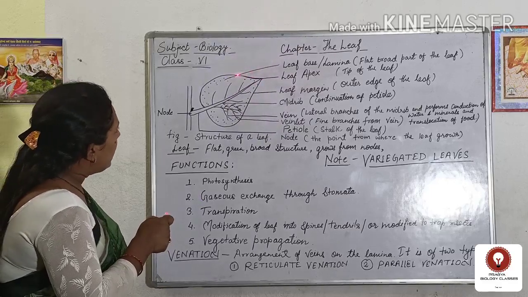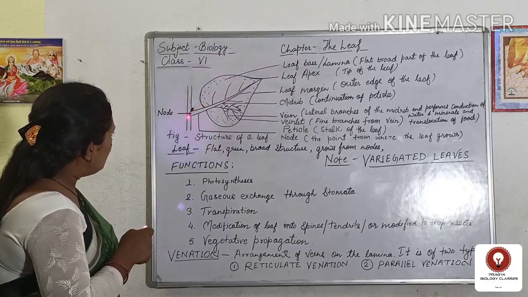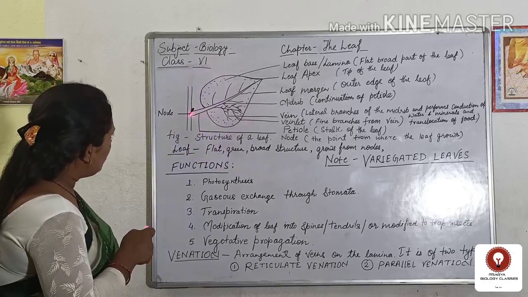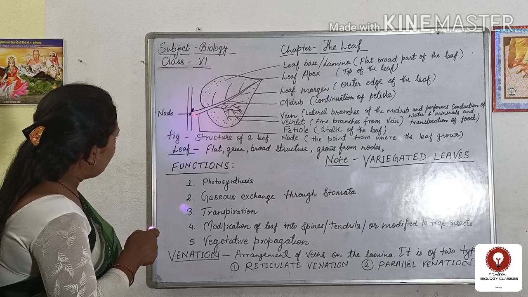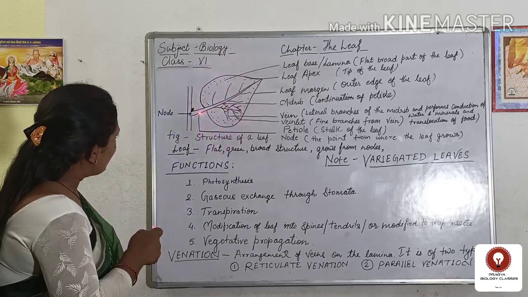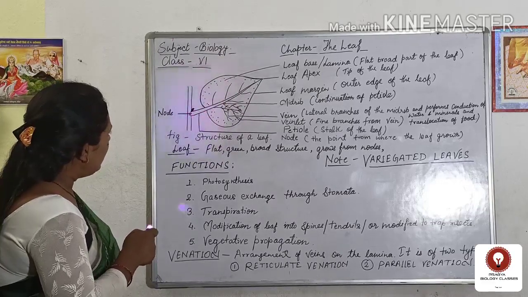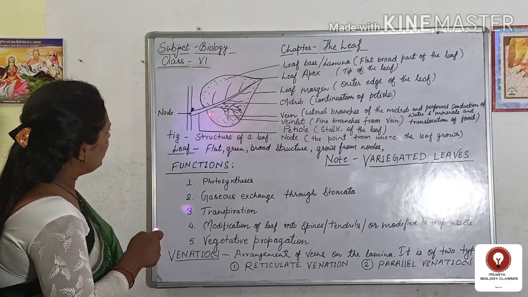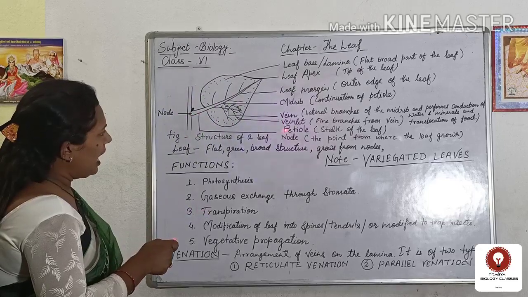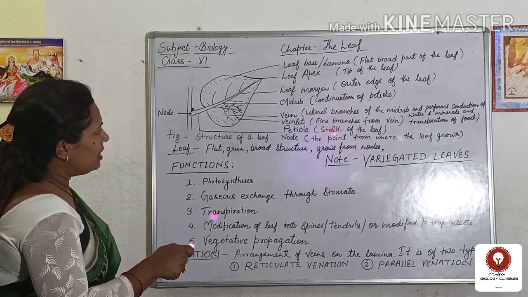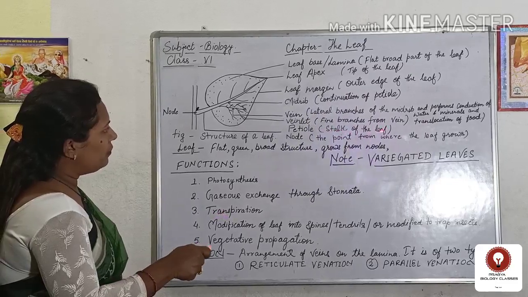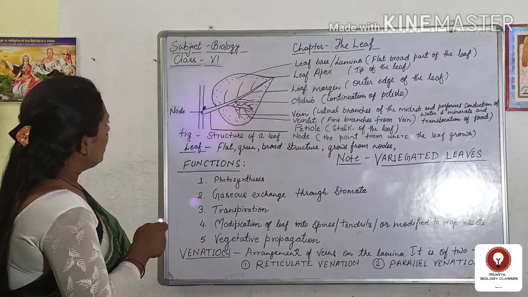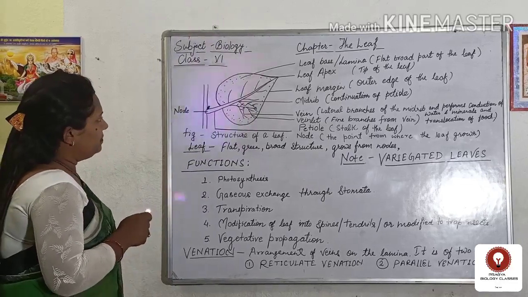This leaf is attached to the stem at this point, known as the node, and with this structure, known as the petiole. The petiole is the stalk of the leaf, and it keeps the leaf attached to the stem or the plant.